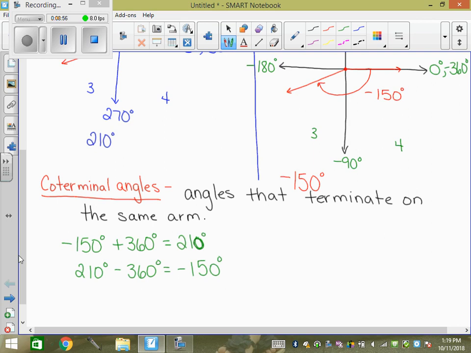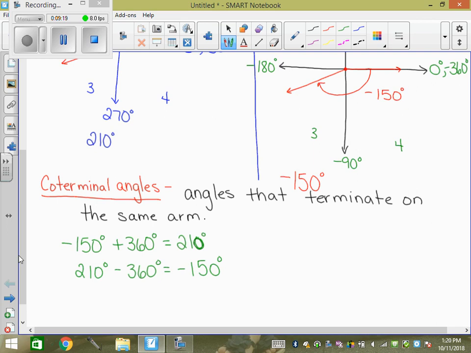What else would be coterminal with either of those? Because those aren't the only coterminals that exist with those two numbers. How could I keep going? So I took negative 150 and I added 360 and I got 210.